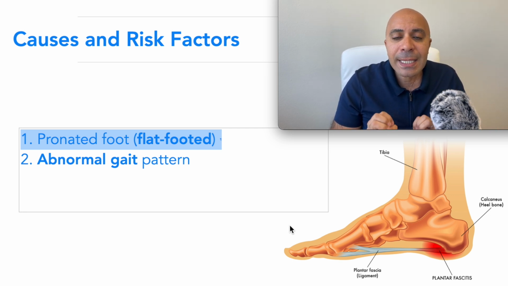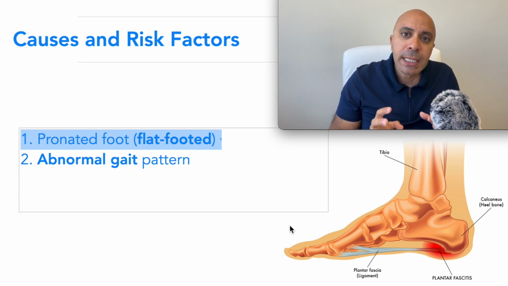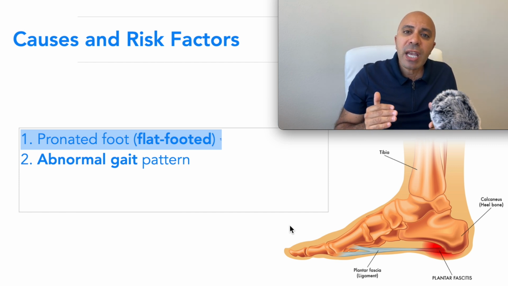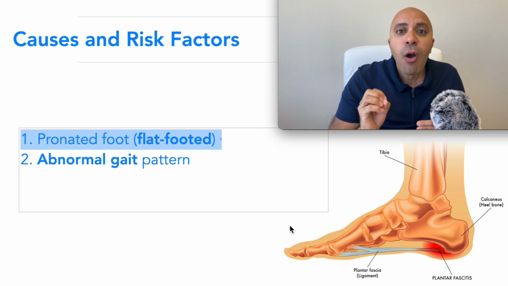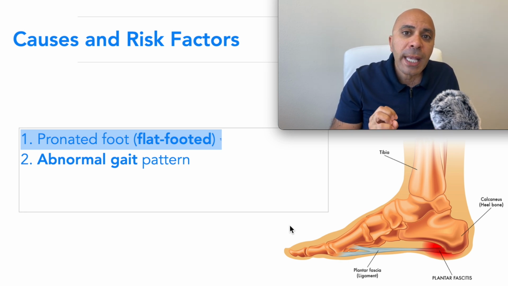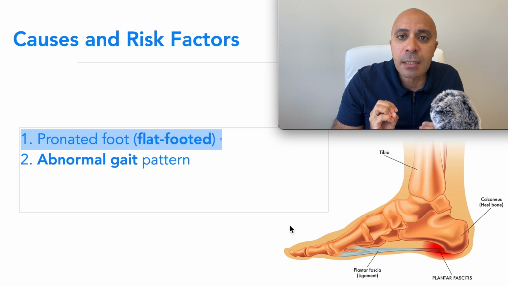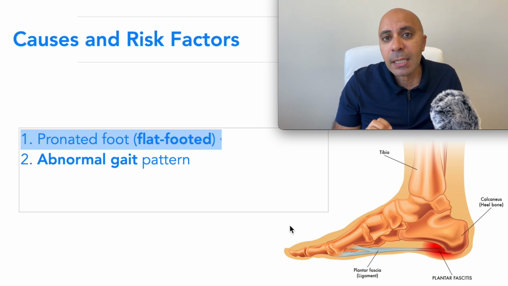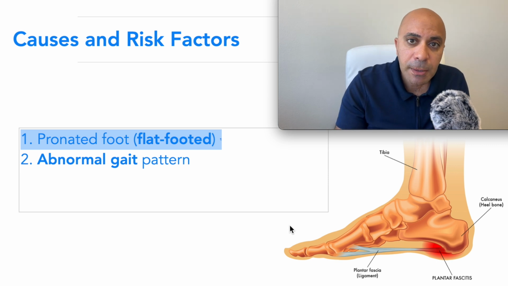Exactly the same thing happens if your gait is abnormal. It's like your car out of alignment. The more you walk, the more you're gonna have issues because your weight is not distributed evenly, or actually your weight is put on the wrong location in your foot. So proper gait is an extremely important part of the treatment in order to not aggravate the symptoms.